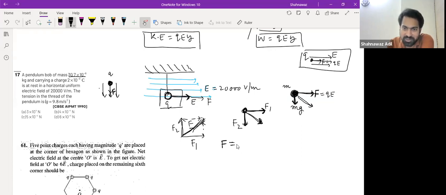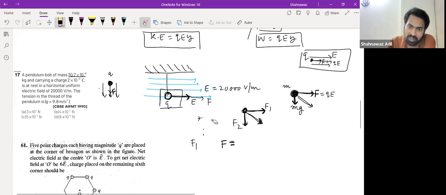You forgot the vector classes. Okay, let me repeat. Just remember this diagram, that you have two perpendicular forces.